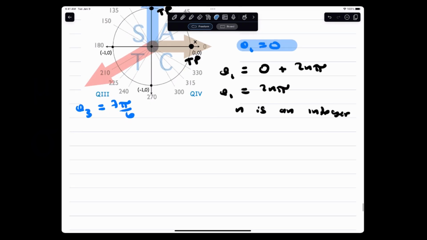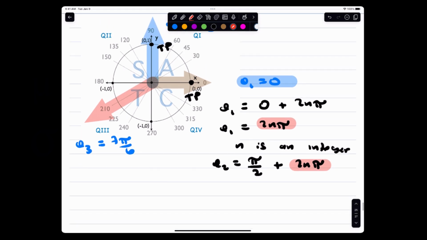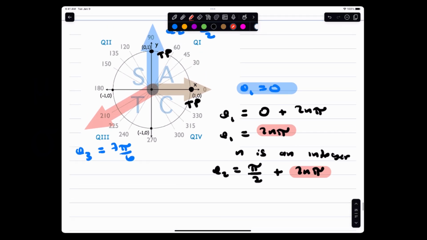So theta 2 is going to be pi over 2 plus 2n pi. Here n is the number of full revolutions. Easy peasy lemon squeezy.